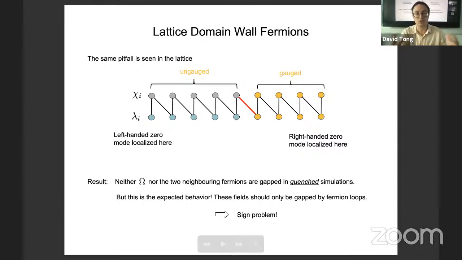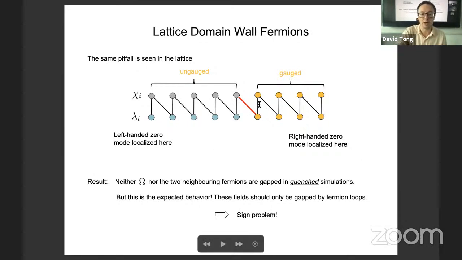Papers attempted to do the Monte Carlo simulation, and they couldn't do the Monte Carlo simulation in the full theory because there was a sign problem. And so the only thing they could do was a quenched simulation, where you just ignore the fermion determinants.